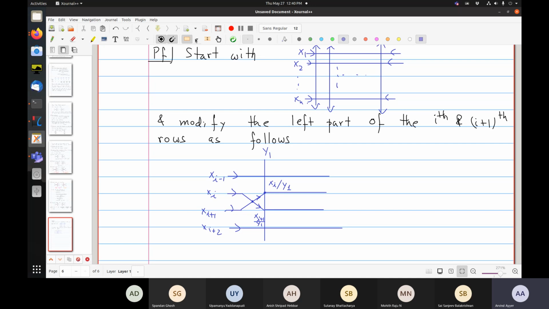Okay, so what about this fellow? We'll add this label and we will give it weight q xi plus 1 by xi.